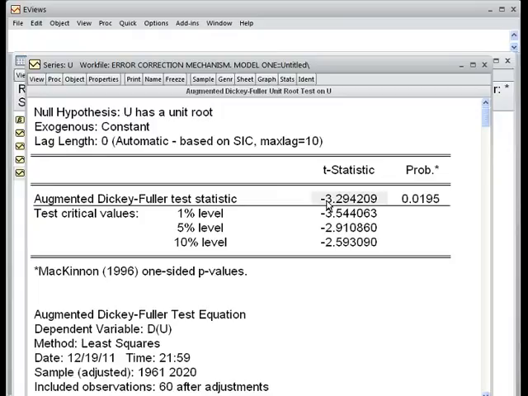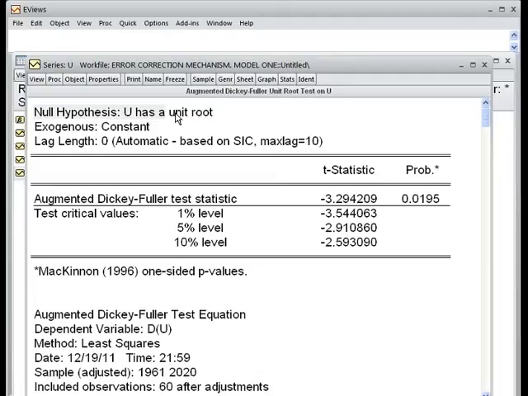So the test statistic is greater than the critical value. So we can reject the null hypothesis and we can accept the alternative hypothesis. And what is our alternative hypothesis? U does not have a unit root.